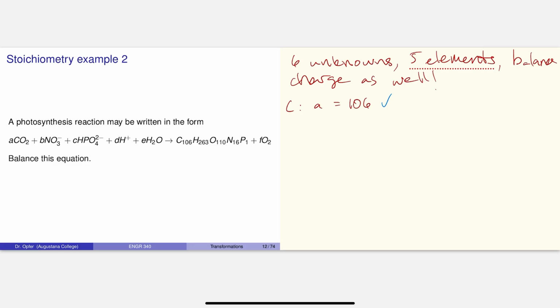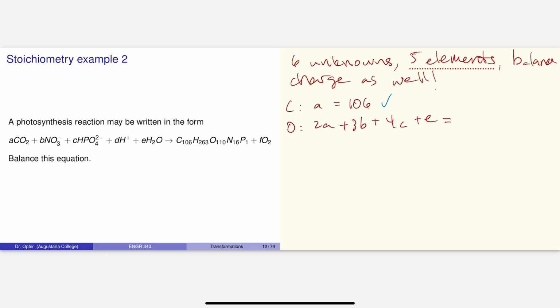All right, now let's do oxygen. We've got a coefficient A here, but there's 2 oxygens in carbon dioxide, so we're going to have 2A. We've got another 3 oxygens times B over here, so that's going to be plus 3B. We've got 4 times C oxygens here, and 1 times E oxygens here.